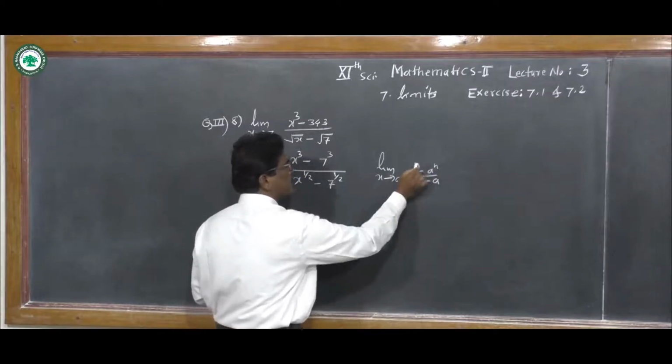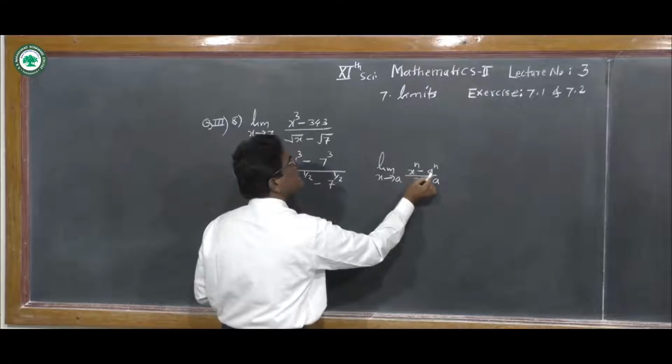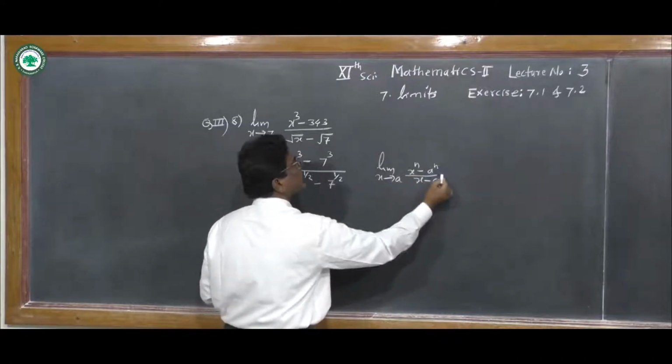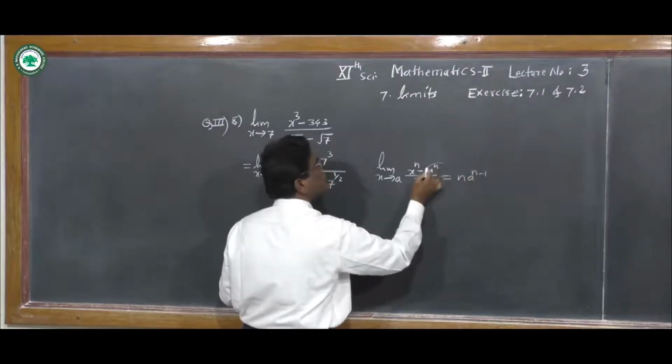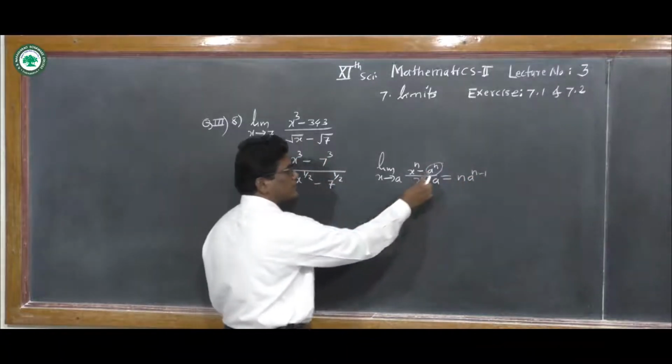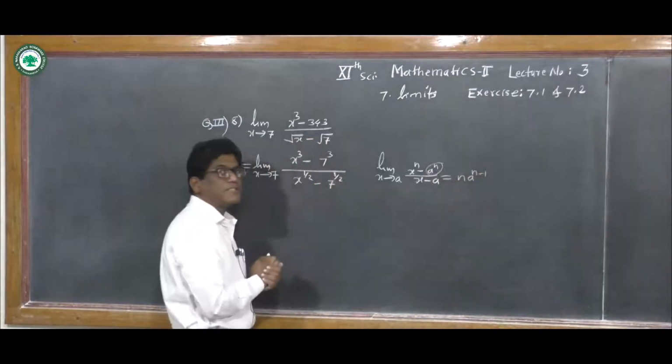Here the powers are the same, and it is equal to n into a to the power n minus 1. We are interested in a to the power n, so n into a to the power n minus 1 is the formula.